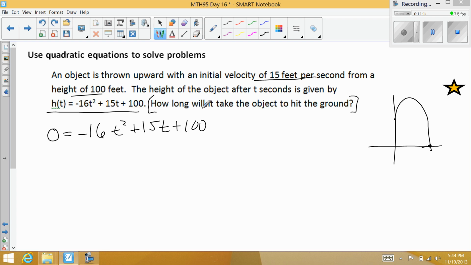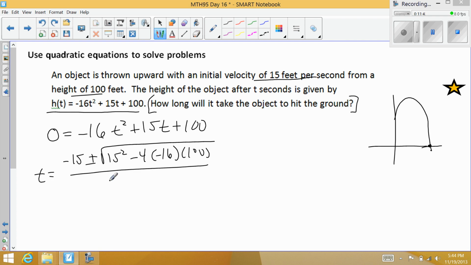We're looking for how long it will take the object to hit the ground, so we're trying to solve for t, because that's our time in seconds. So solve this with the quadratic formula: negative b plus or minus the square root of b squared subtract 4 times a times c, all over 2 times a.